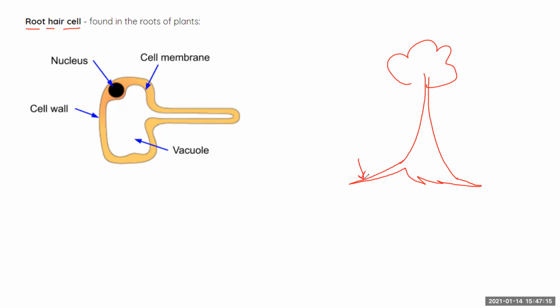However, at the roots, they have these added long, little tiny root hairs. This is called the root hair. And the root hair is made from root hair cells. If you notice, the root hair cell has no chloroplast, but it has a very large vacuole and it has this special extension.